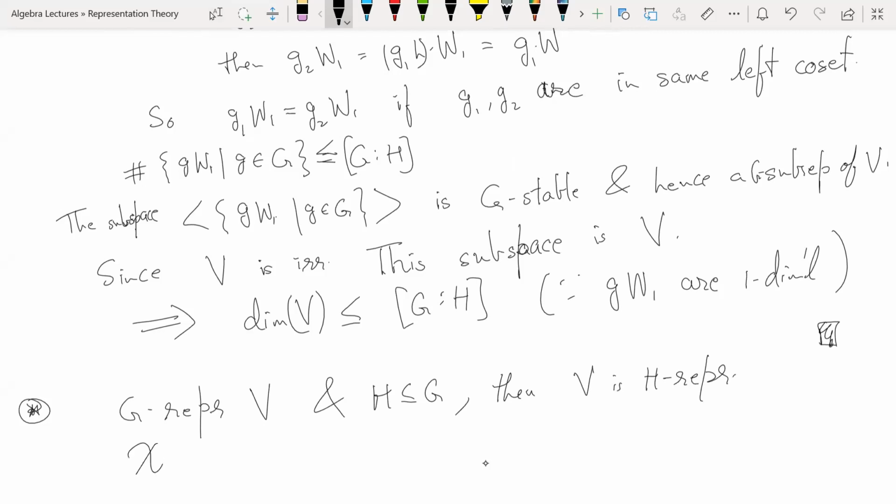Now what is the character of V as an H representation? Let's say V is an H representation, so that's why the notation is important. So chi of rho restricted to H, from H to GL(V).